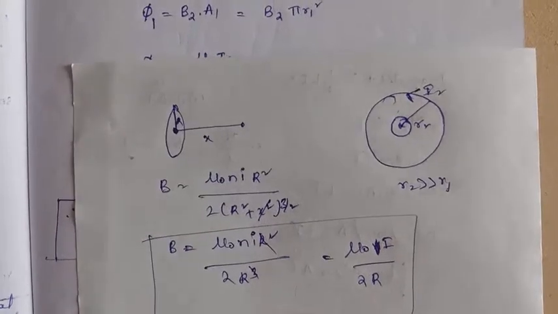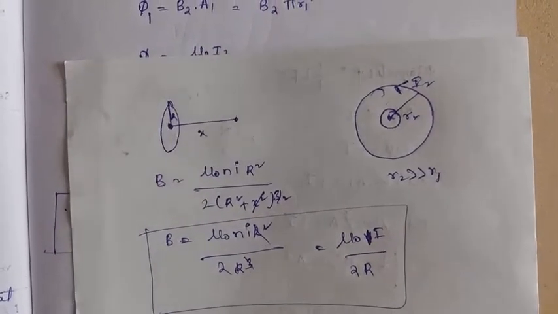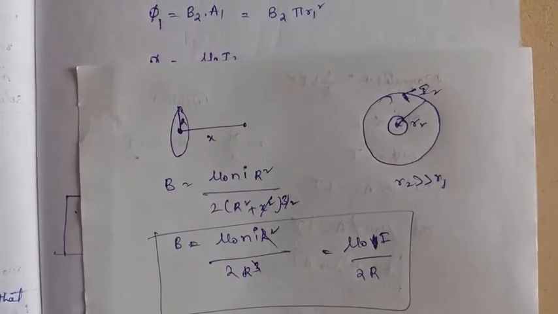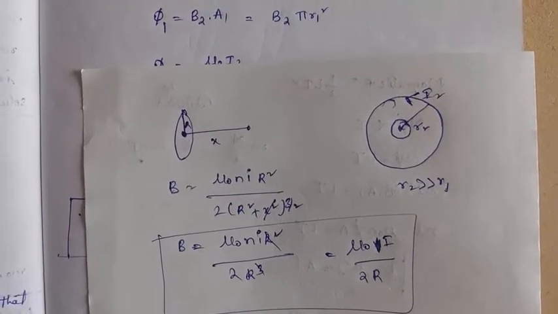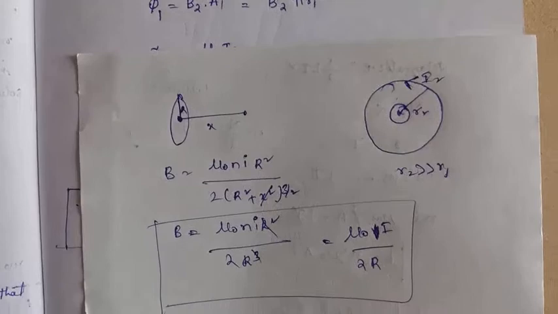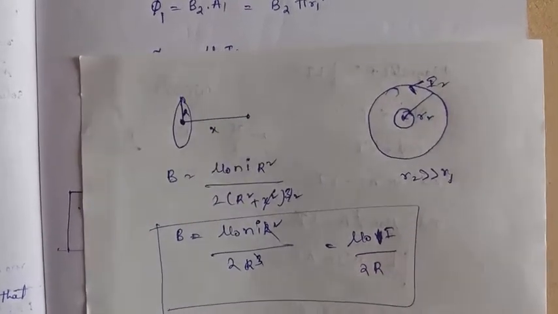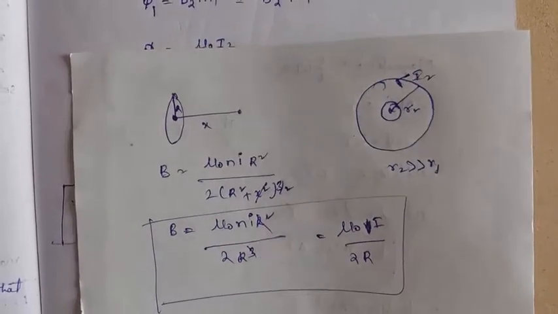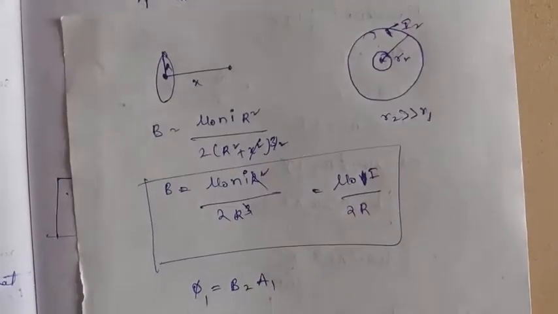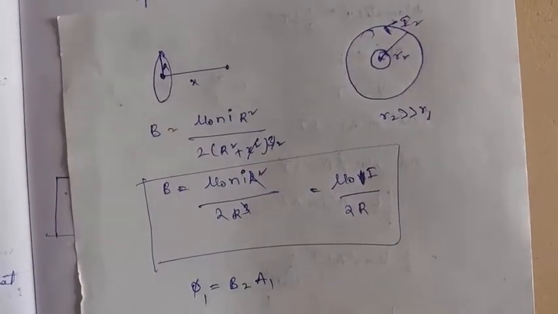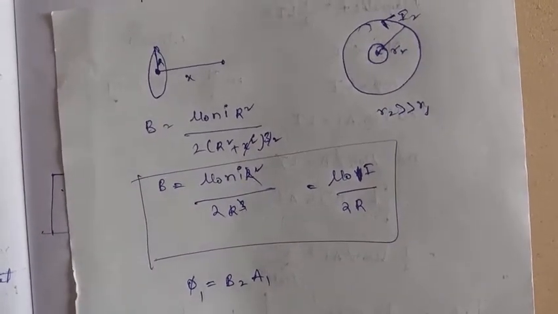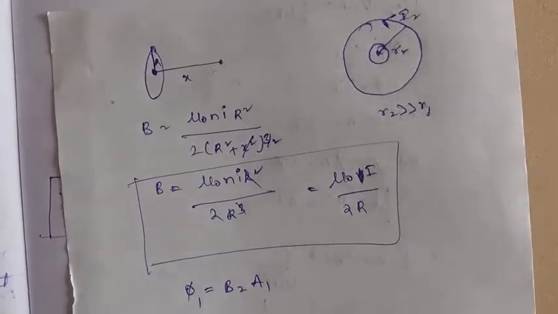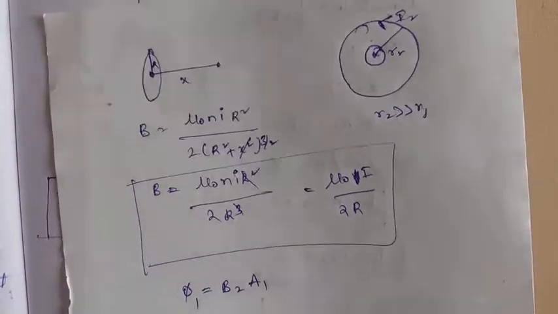Due to the outer coil current, the magnetic field B2 is equal to mu naught I2 upon 2R2, and the area of the inner coil is equal to pi R1 square. So phi1 is equal to mu naught pi R1 square upon 2R2 into I2.